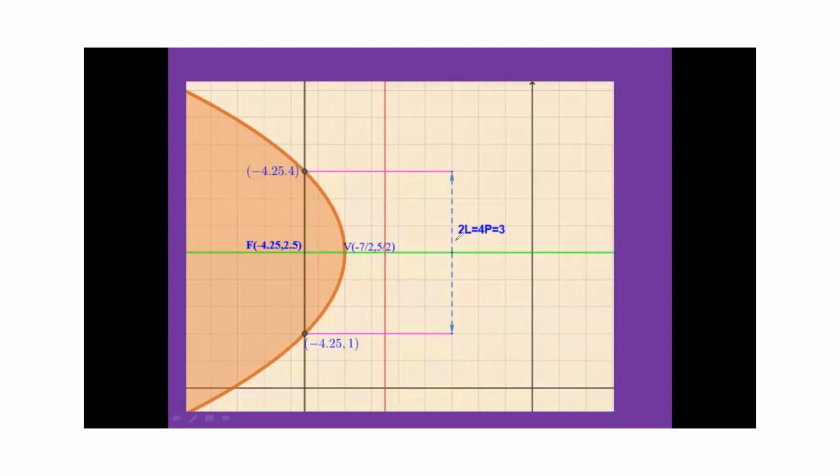This is the total length of the latus rectum, which is from this point to this point. The total length of the latus rectum equals 4p. p is minus 4 over 3.